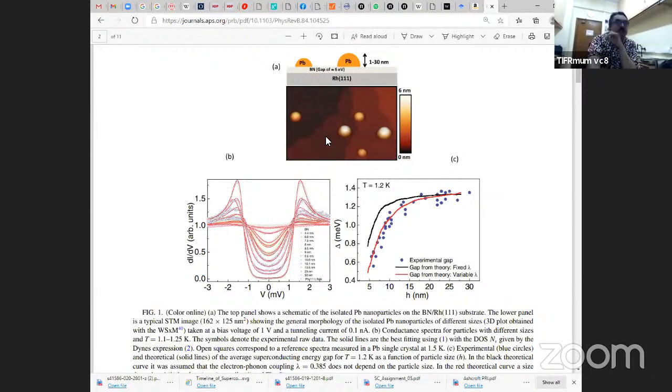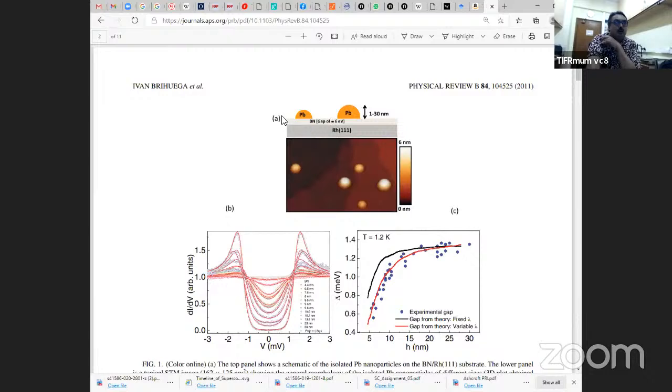You have this hexagonal boron nitride, written as BN here. Over that, you deposit a thin film of argon. You deposit a monolayer of lead, and then in a flash, you evaporate the argon.